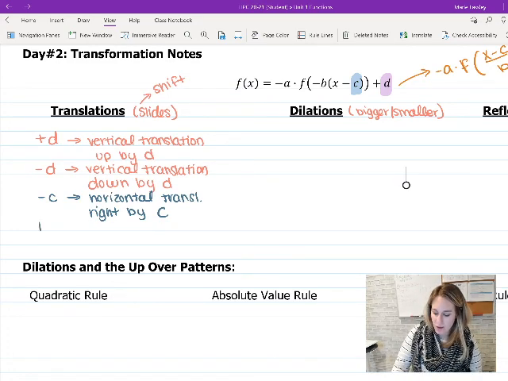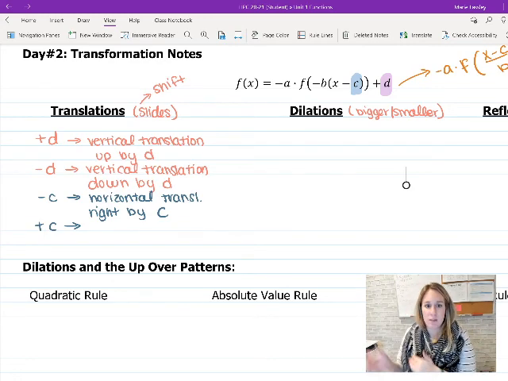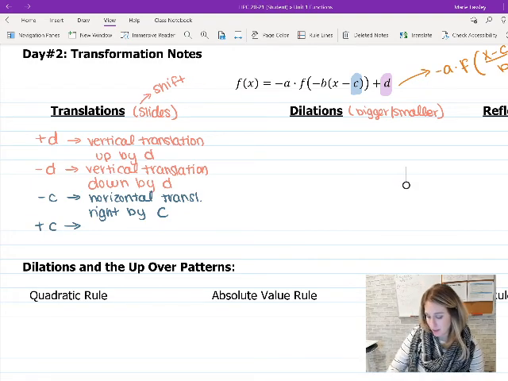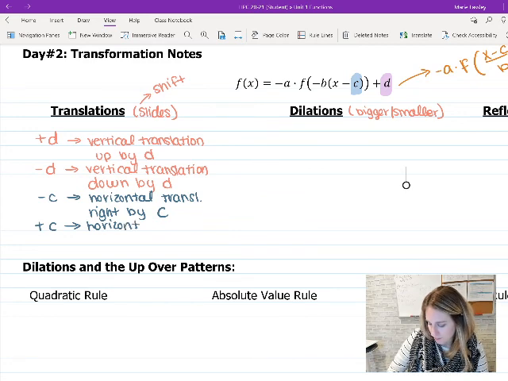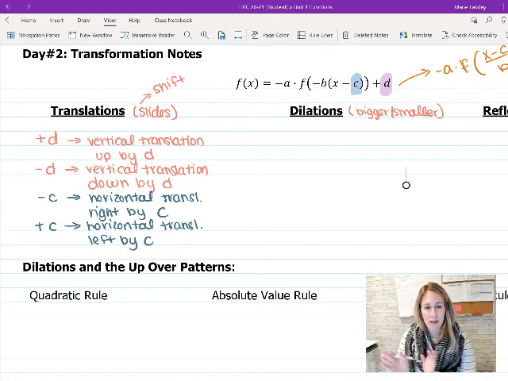Which means if you have a plus C in your equation, so if C is like a plus some number, you're actually moving backwards or to the left by C. So this is a horizontal translation left by C. Like I said, you're going backwards, which is so weird, but it is what it is.